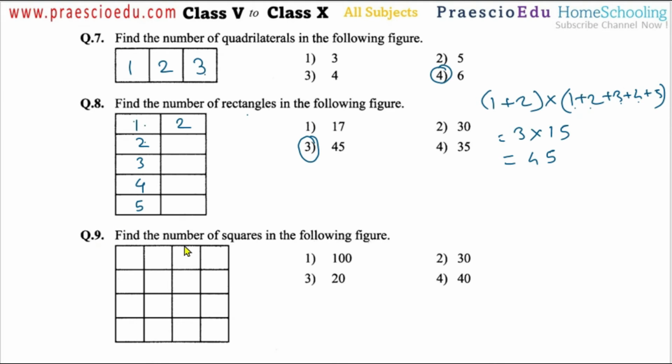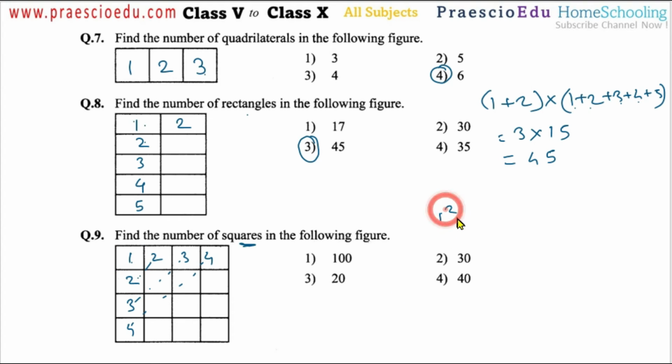Now question number 9. Find the number of squares in the following figure. So the number of squares we have to find out. For this one, we have to make the numbering. So 1, 2, 3 and 4. So in a row, 1, 2, 3, 4, and in a column 1, 2, 3 and 4. So for this one, the higher number multiplication, then the next number multiplication, and so on, and that one is as it is.